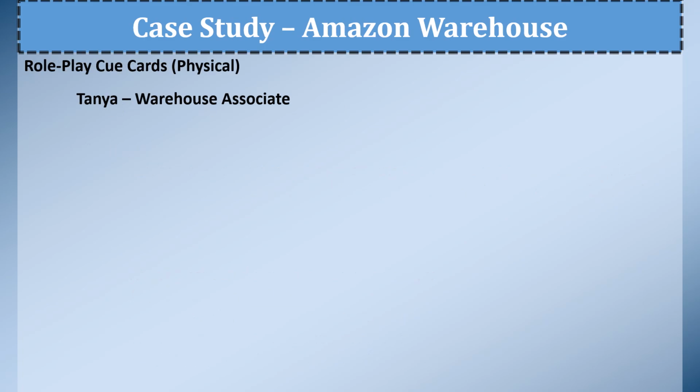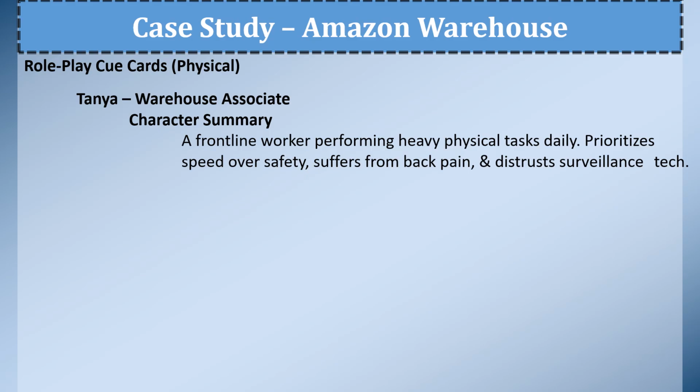And role by play, Tania, warehouse associate, workflow speed takes priority. Character summary: workflow speed takes priority, monitoring tools feel intrusive, physical strain remains unspoken but constant. Any tech that slows movement or flags posture adds pressure, not relief.